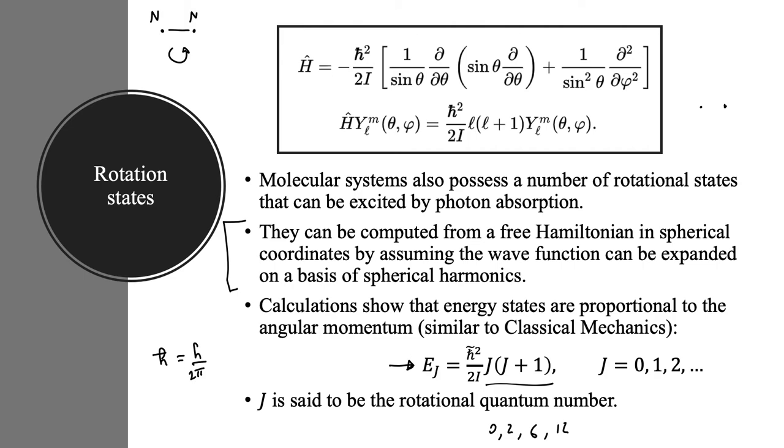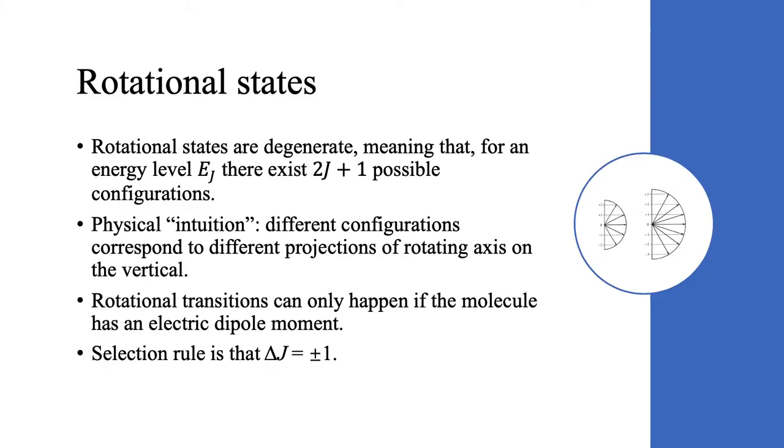And so forth. Okay, so again, discrete rotational states, discrete vibrational states. The important thing: rotational states are degenerate, which seems like a bad quality, but in quantum mechanics, it's okay.